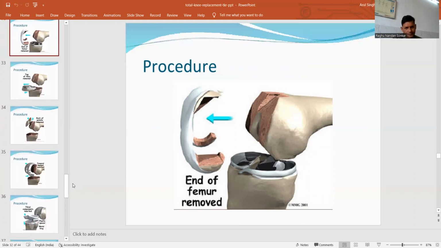Procedures. End of femur removed. End of femur means the cartilage surface, the articular surface of the femur, which is already damaged. It's removed.